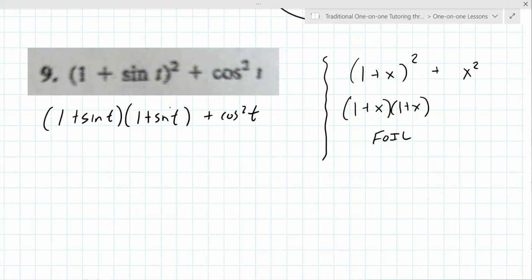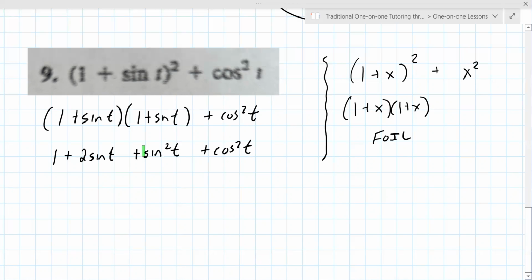So wouldn't it be 1 plus 2 sine t plus sine t squared? Yes. Or sine squared t. The squared goes, you can see that with the cosine, before the variable.